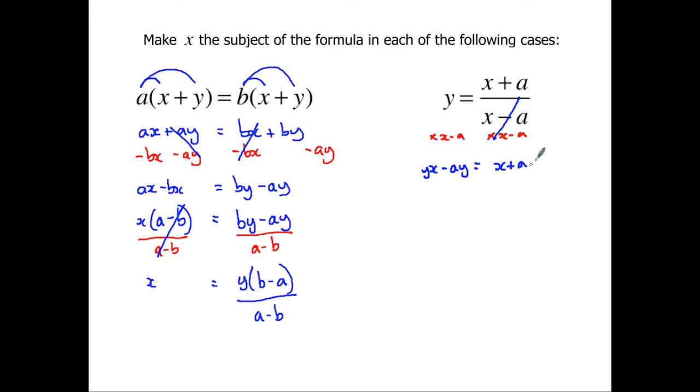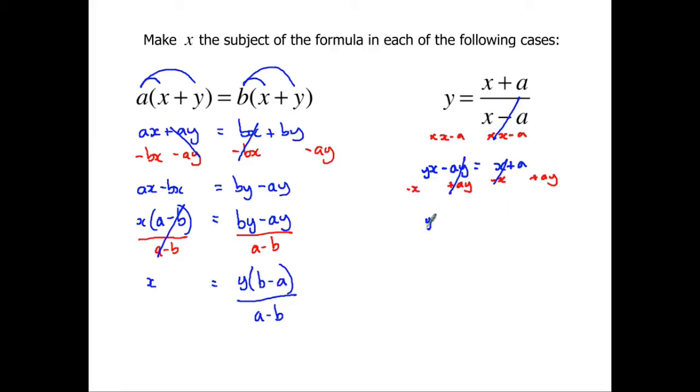Now I need to put all of the x terms on the same side, so I'm going to bring them over to this side, I think. So a couple of things, I need to subtract the x term, which I also need to do from over here. And then I need to add the ay to position that onto this side. So that will remove those two.